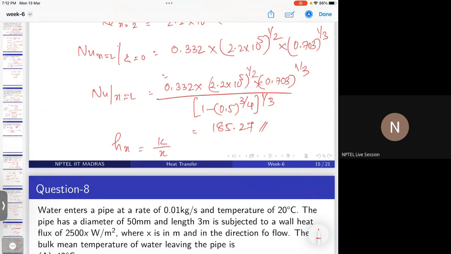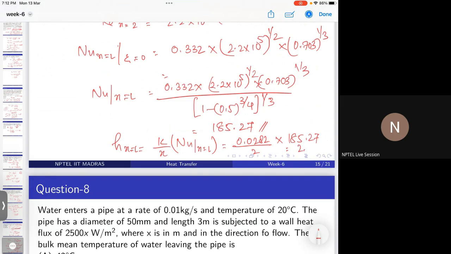Now it's simple, like h x is equal to k by x. Here x is equal to L. Nu at x is equal to L, which is equal to 0.0282 by 2 into 185.27.